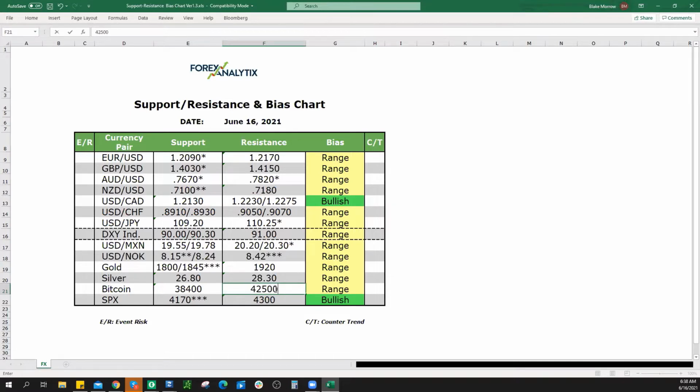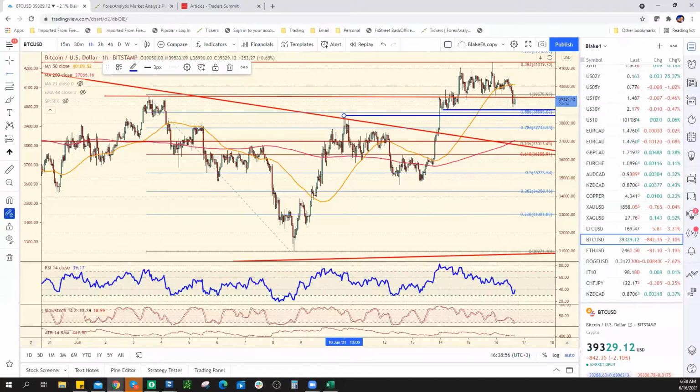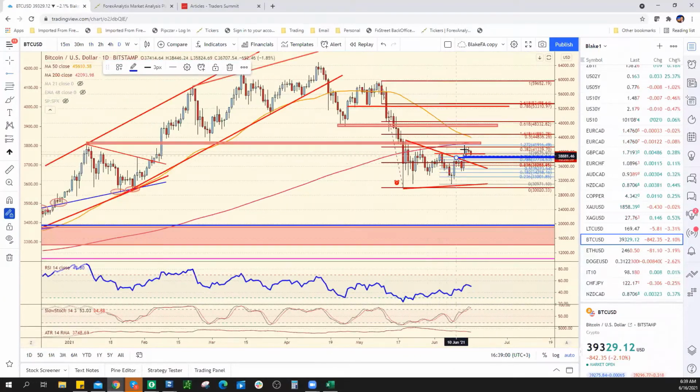42,500, that's the 200-day moving average. That's important. Because we're failing at 40,000, we have to stay bearish while we're below the 200-day moving average. I'm going to flip back to bearish because you can see on the daily charts, we tried to get up there and we just were failing, and if you look at horizontal resistance, that's holding.